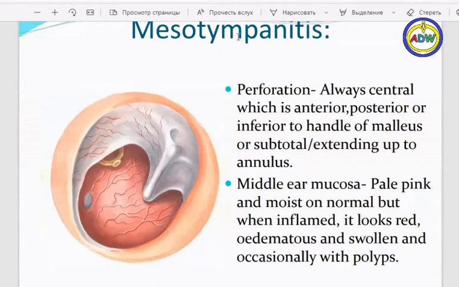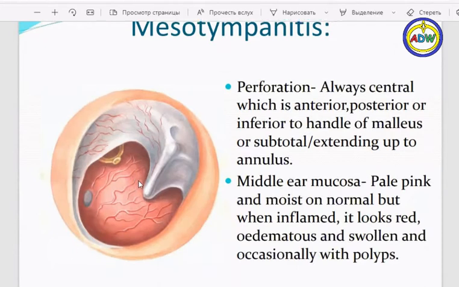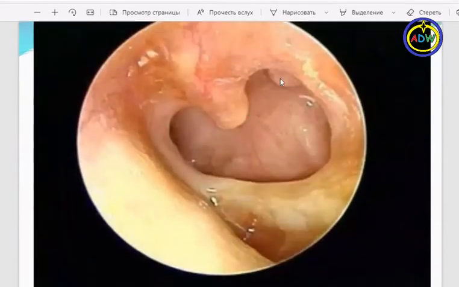Mostly polyps extend from the medial wall of the tympanic cavity. Okay, this is also a view of the tympanic membrane.